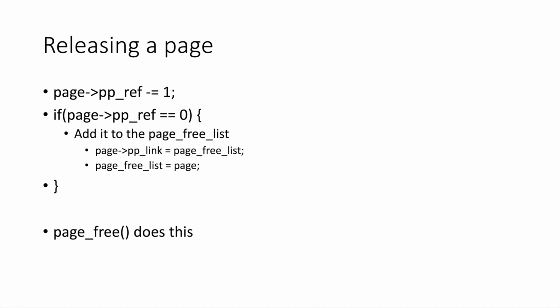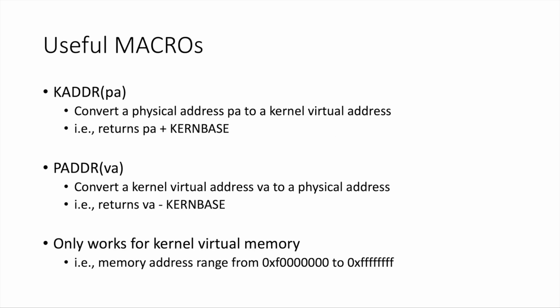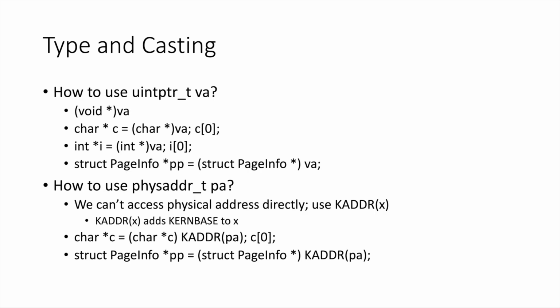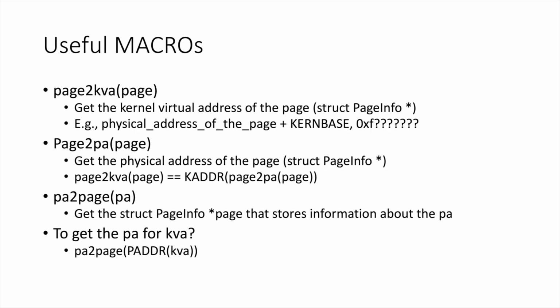And up to this point, I described briefly how you can implement each of the 5 functions in Lab 2, Exercise 1. And for the next, I listed some tips for some of the macros and some information about the types and casting that you can utilize a lot during finishing Lab 2.